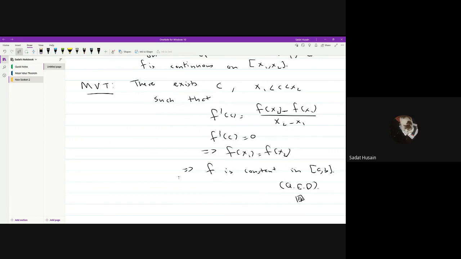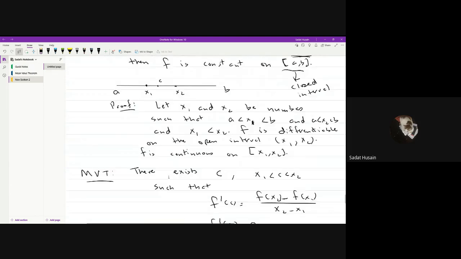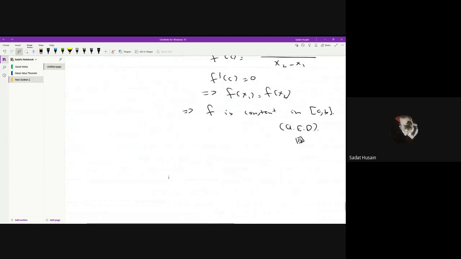Rolle's theorem said there is at least one point where f prime of c is equal to 0, right? And here it says that f prime is 0 everywhere in the interval. Everywhere. Understood? Yes, that's the difference.